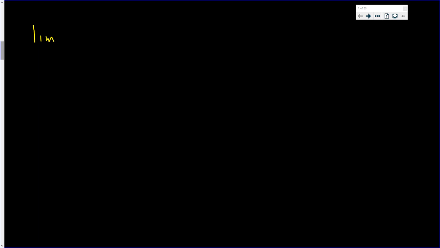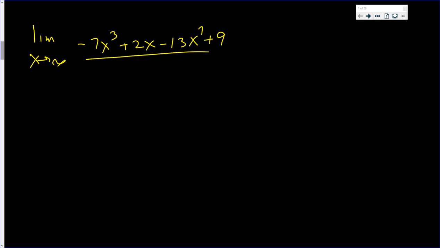The limit as, say, x goes to infinity of negative 7x cubed plus 2x minus 13x to the 7th plus 9, all over 2x to the 3rd minus 4x to the 5th plus 13.